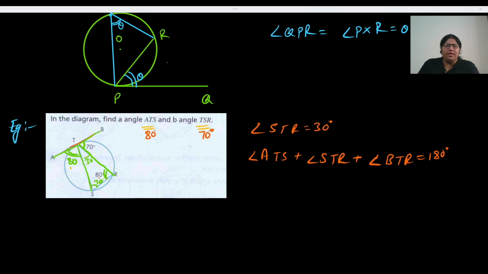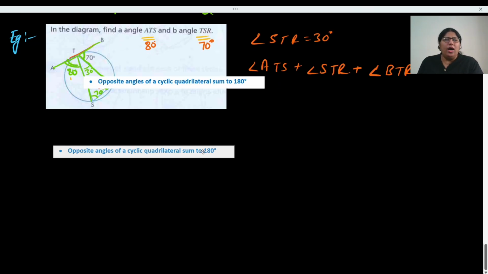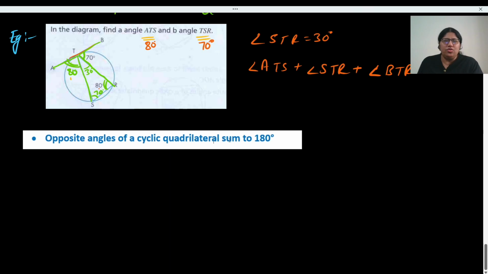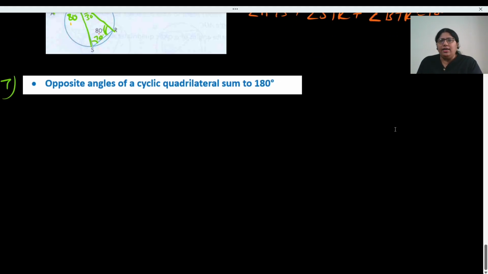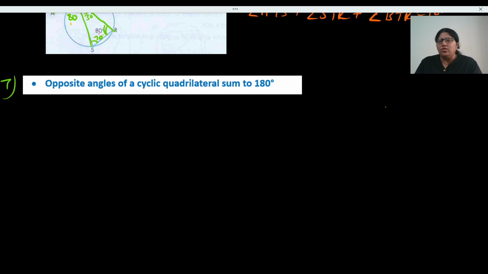Let us go for the next set of theorems, which is based on chord properties. Theorem number 7 is based on cyclic quadrilateral. Before you take the theorem, first you should know the meaning of cyclic quadrilateral. A cyclic quadrilateral means when you take any 4 points on the circle.